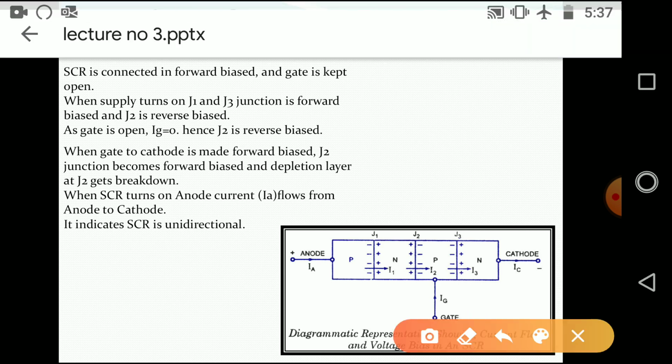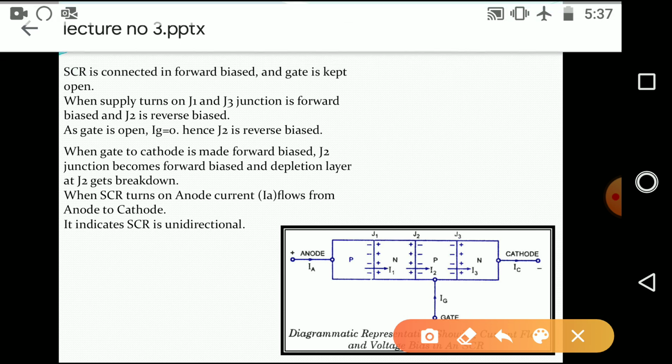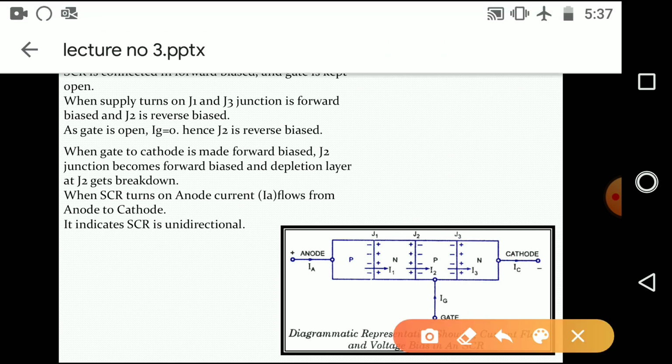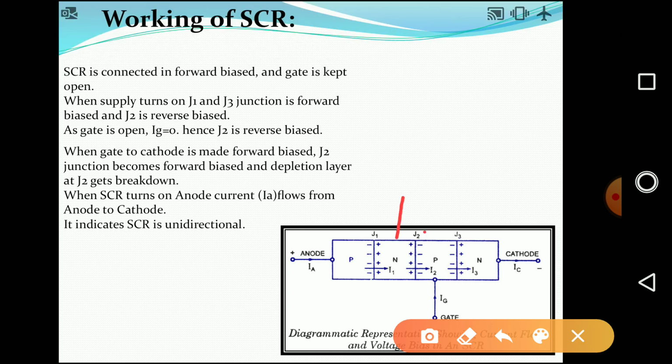Here we can observe positive and negative charge carriers. That is, by increasing the forward supply, holes and electrons are repelled towards the J2 junction and accumulate there.